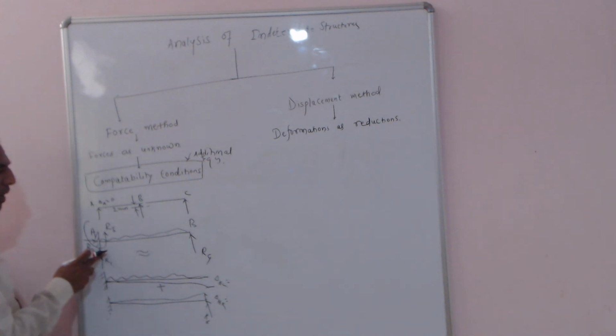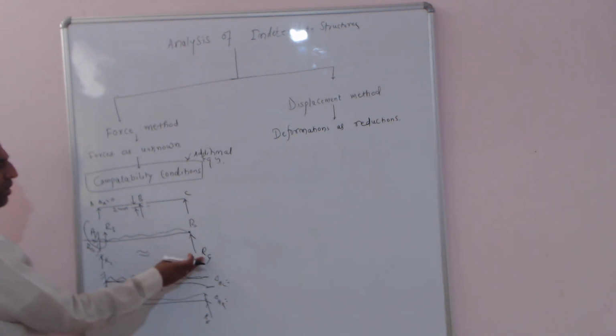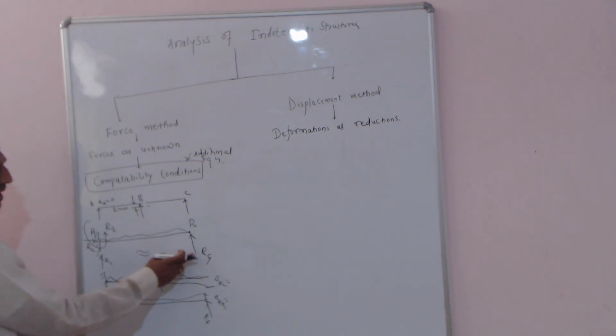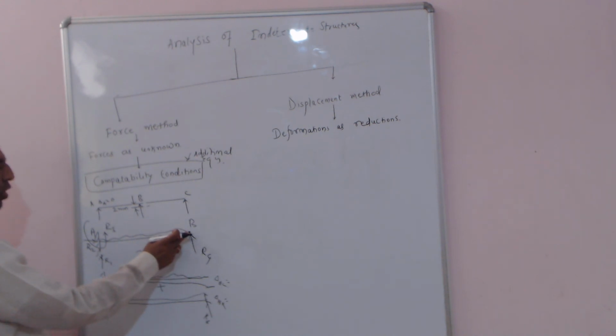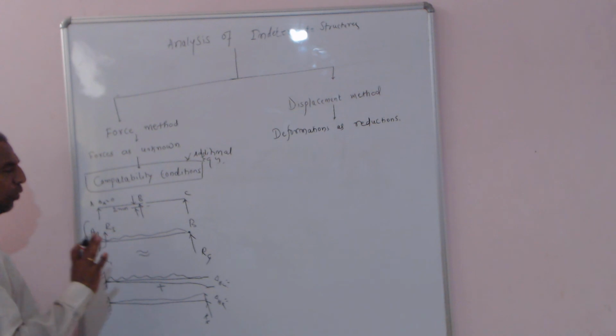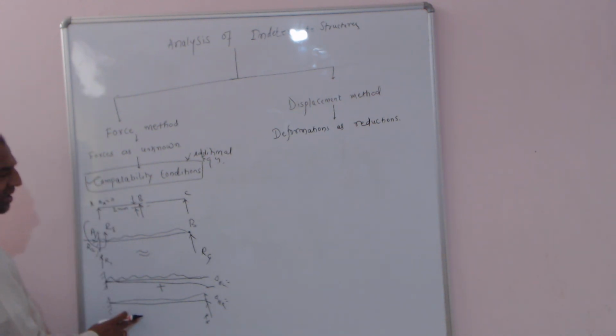Can you tell me what is the final downward movement of B because of this R4 and the load acting on it? Yes, the support is sufficiently strong. This point cannot move in the downward direction. That is the compatibility condition for this particular structure.